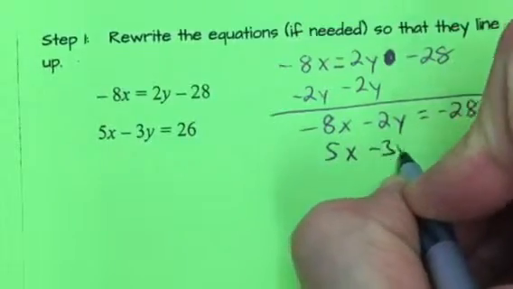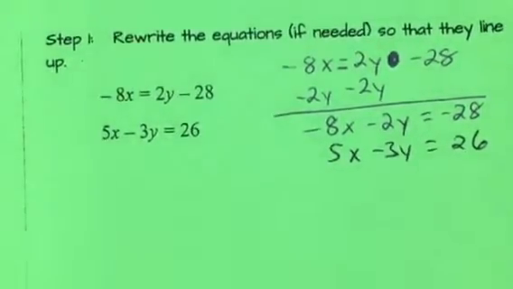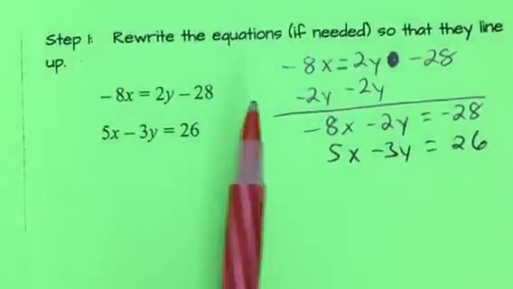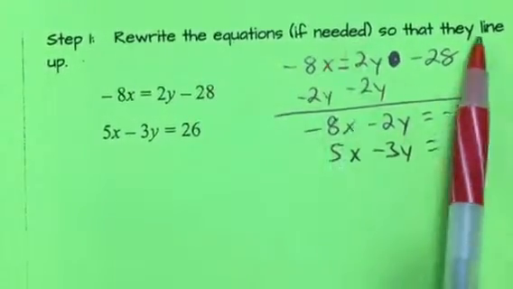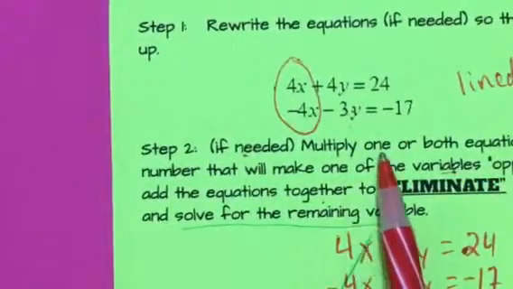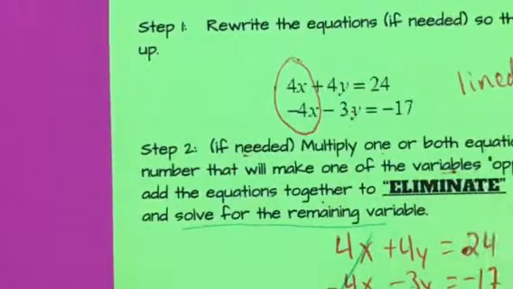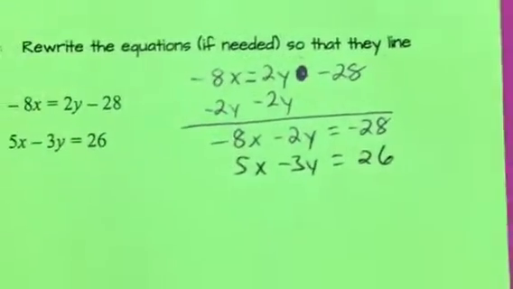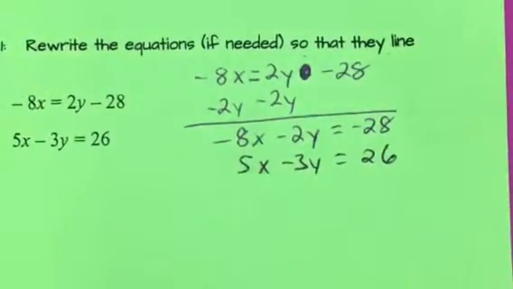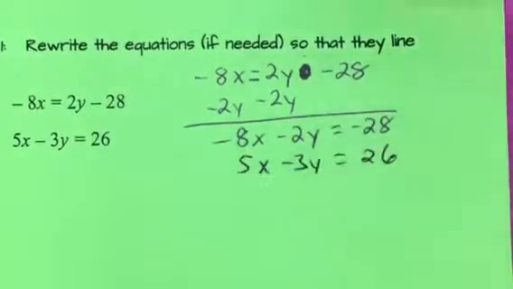Bring this other one underneath. 5x minus 3y equals 26. Okay. So we rewrote the equations so that they line up. That was that first step over here as well. Then it says, if needed, multiply one or both equations by a number that will make one of the variables opposites. Okay, let's do that first. I've got my two equations right here. I either want to get the y's opposite or the x's opposite.